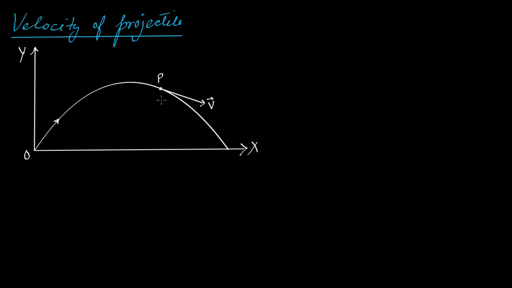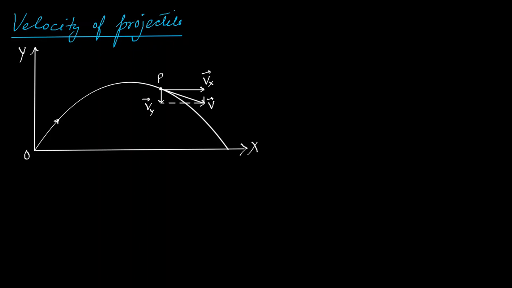Now what we do is, using this as the diagonal, we are going to construct a parallelogram. So this component will be Vx and this component will be Vy.